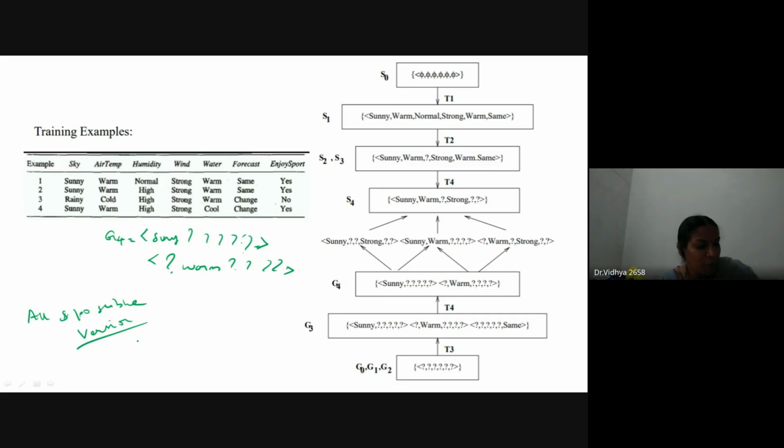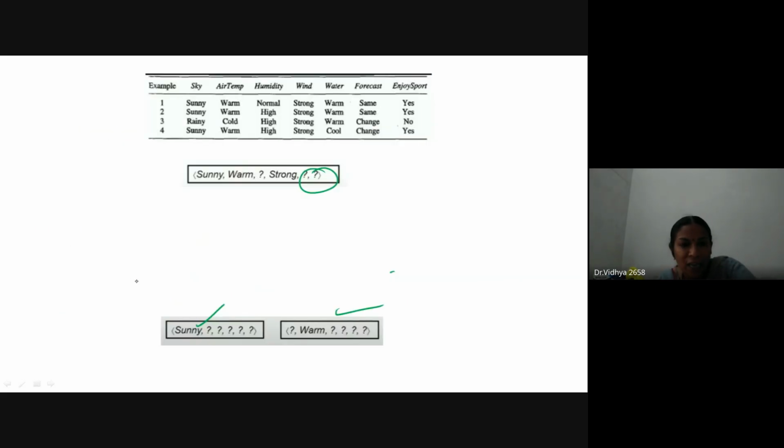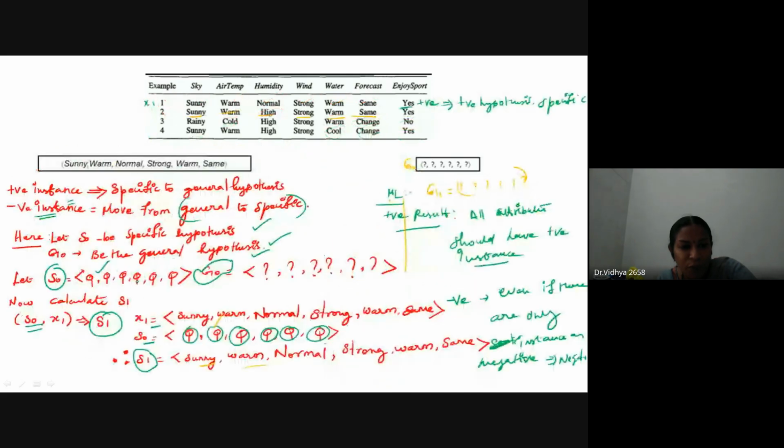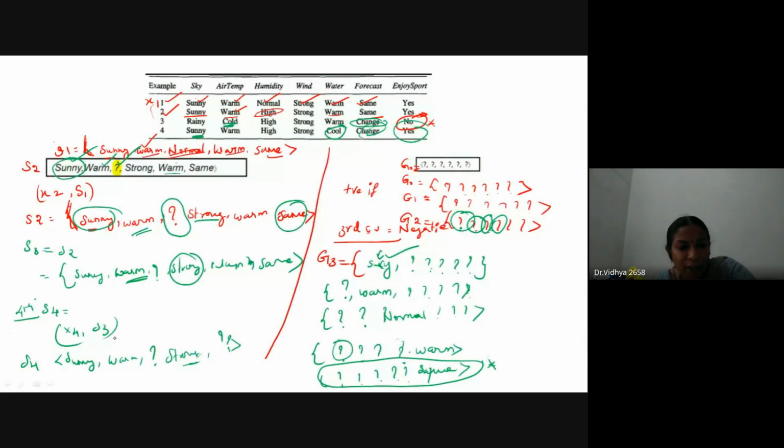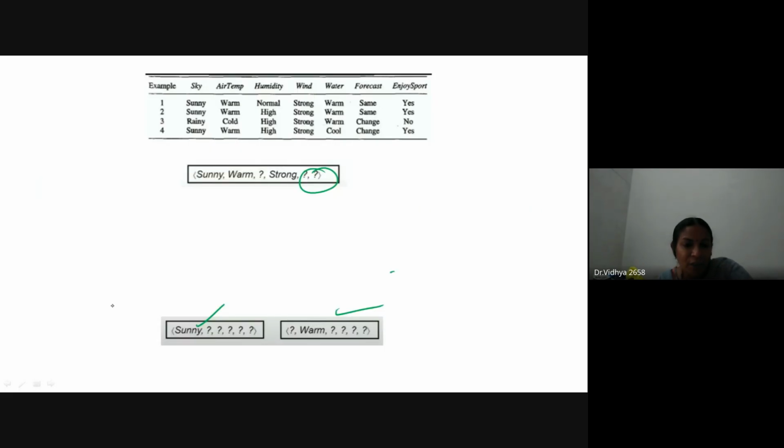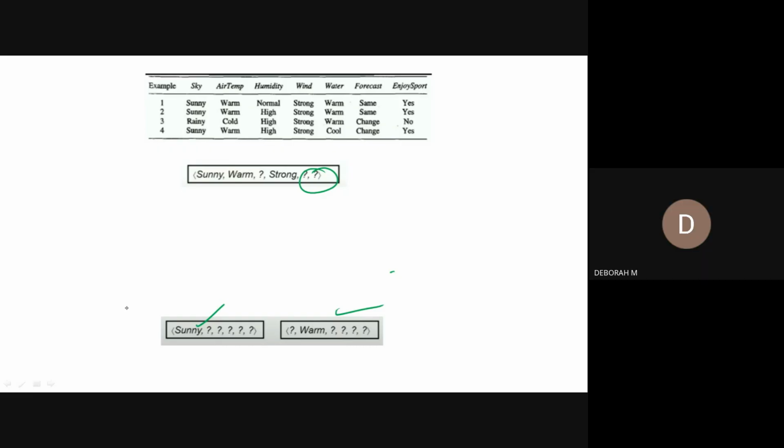By combining all those general attributes which we derived finally, similarly all the specific attributes which we derived, S1, finally S4, we are able to combine and bring a final result of 6 different final hypotheses in the version space.